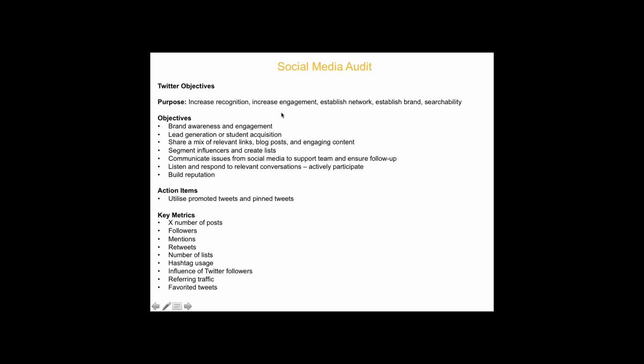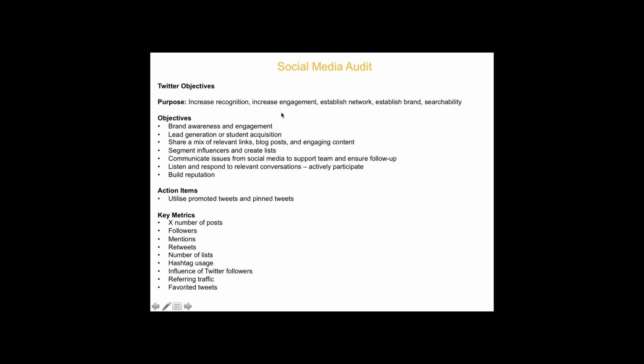So this is just an idea of what a Facebook objective could be, what kind of objectives you should be setting for yourself if you are thinking about creating a Facebook page. For Twitter, again, the purpose of having a Twitter presence could be to increase your recognition, to increase engagement, to establish a network, to establish and build your brand, and again for searchability.